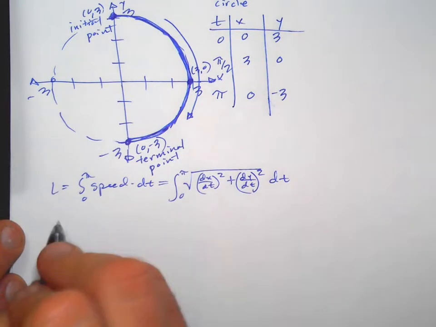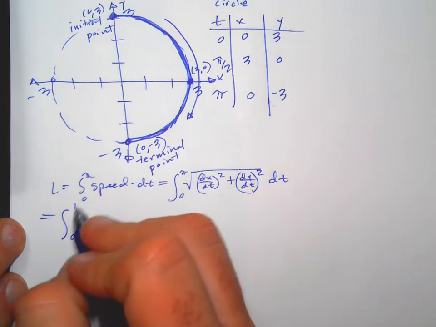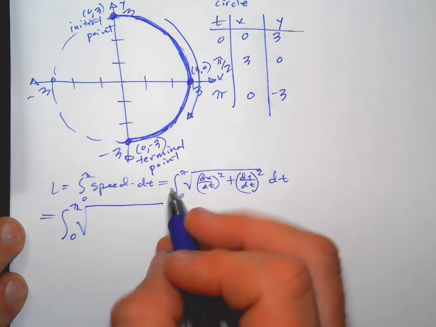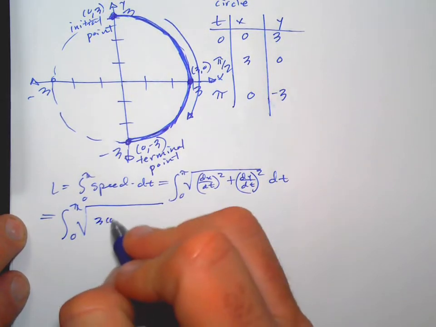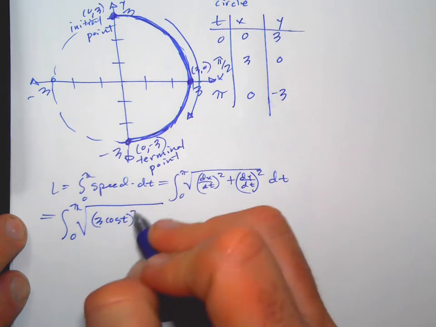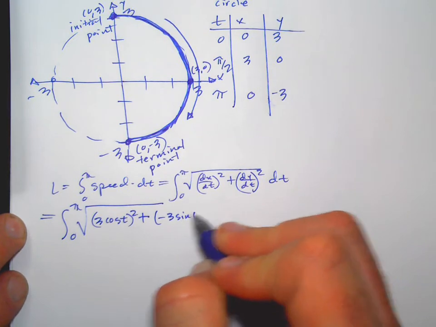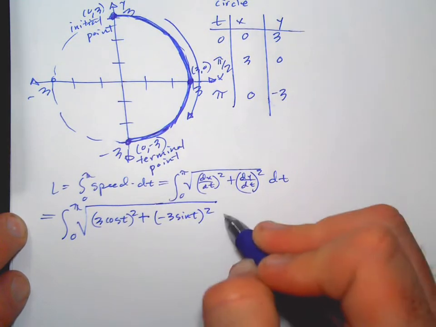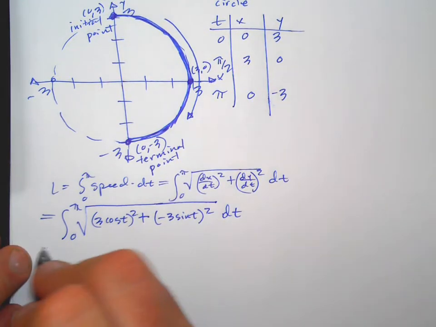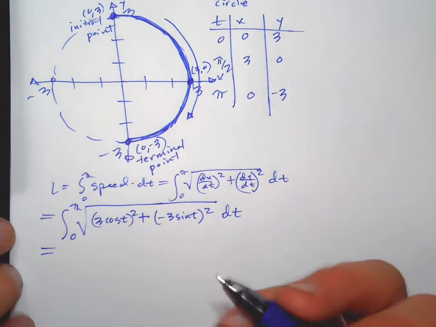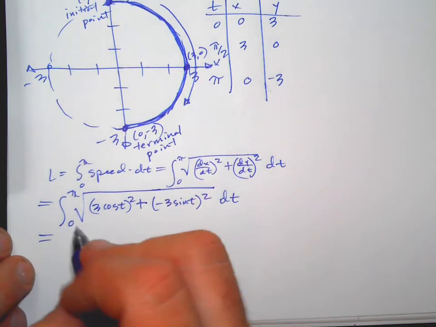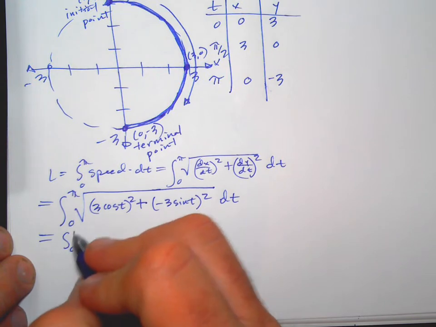So dx/dt is 3 cosine, and dy/dt is negative 3 sine, but squared, dt, need the dt. Now, we're going to try and do this without a calculator. I mean, we do this on a calculator, but let's see if we can get the answer without it.